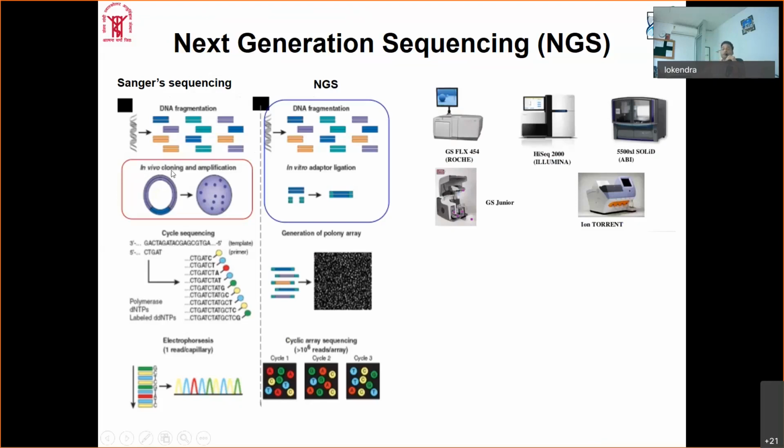Instead of cloning individual fragments, they are now ligated to adapters, and each adapter is already labeled with some sort of probe, and their primers are also known. These adapter-ligated fragments are then used in bridge PCR or emulsion PCR and ultimately amplified. Each individual fragment is amplified thousands or millions of times, and each time the amplification is recorded with the help of fluorescently tagged nucleotides.